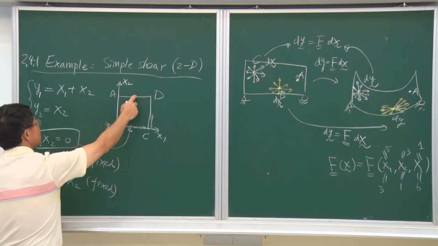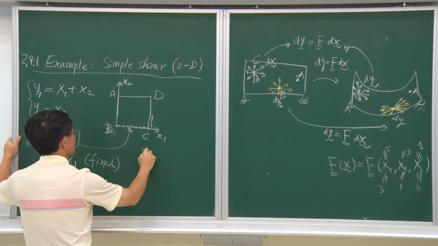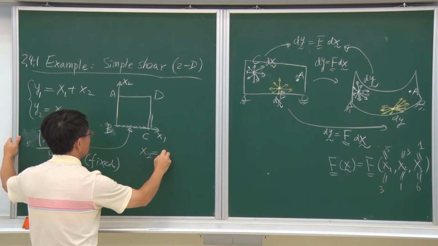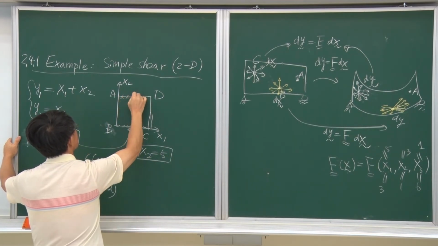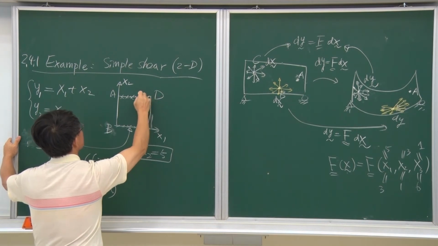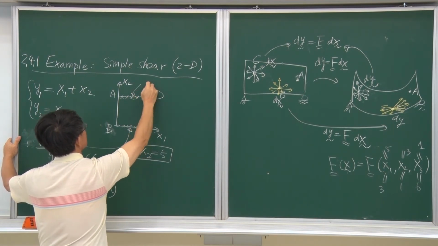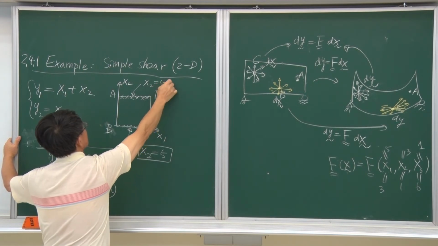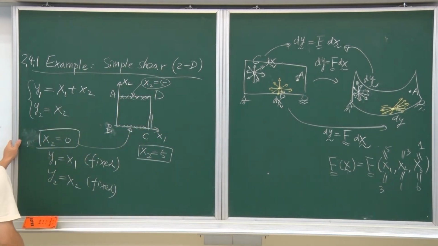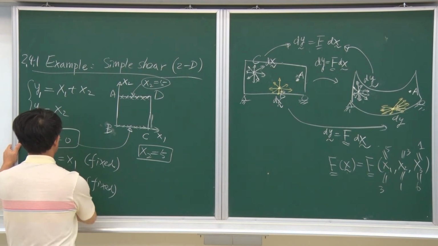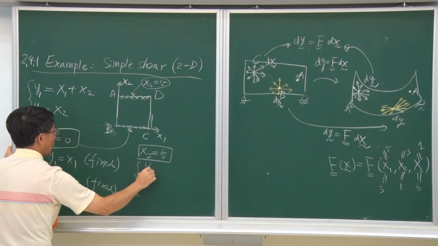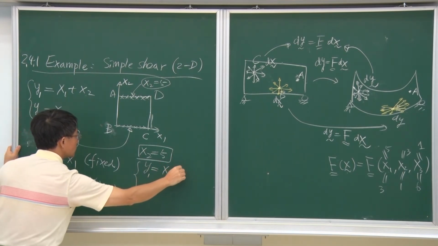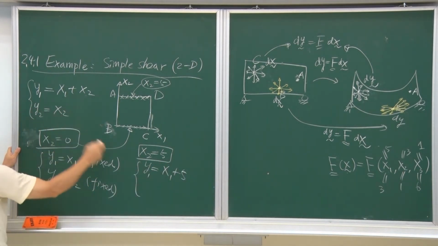But how about this? x2, for example, equal to what? To 5. Along this line, what will the deformation be? x2 equal to 5 now. y1 equal to x1 plus 5, and y2 equal to x2.